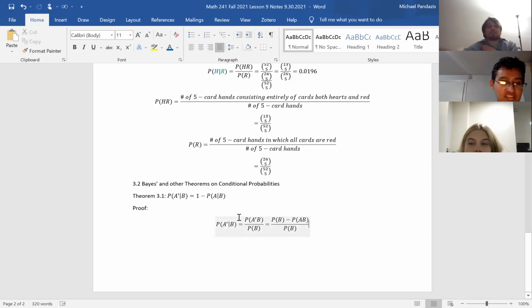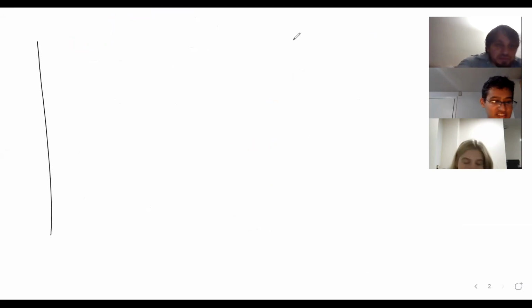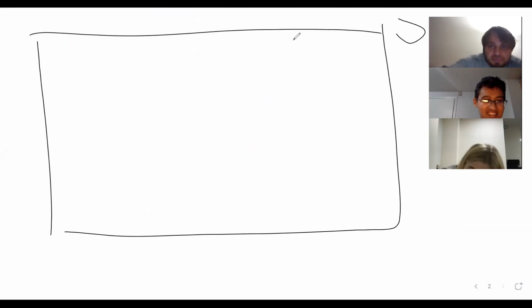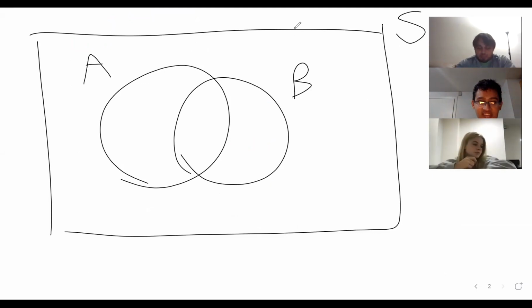Okay, so P of A prime B is equal to P of B minus P of AB. So let's just explain this. Okay, so you have set A and you have set B. If you have A prime B, it is this set right here.